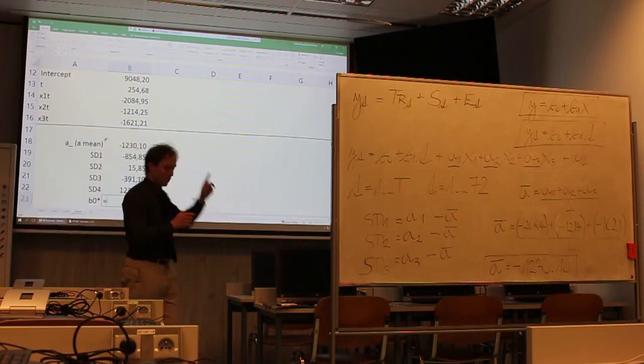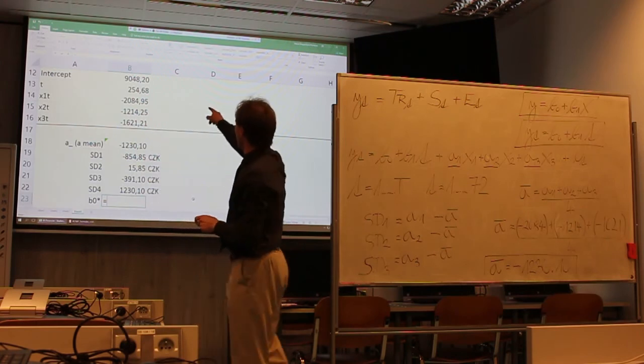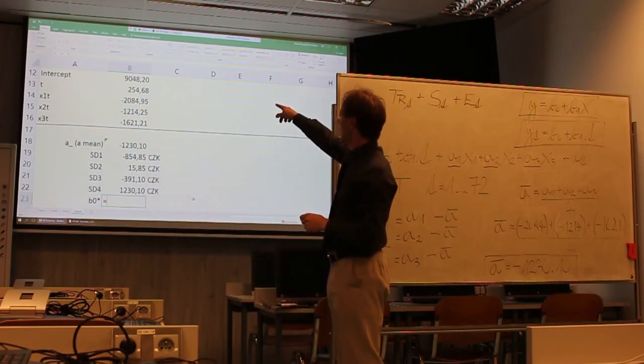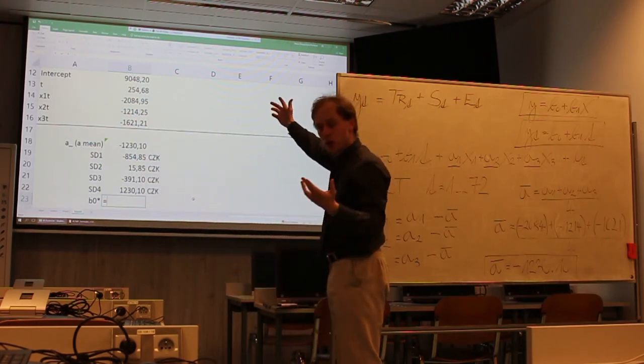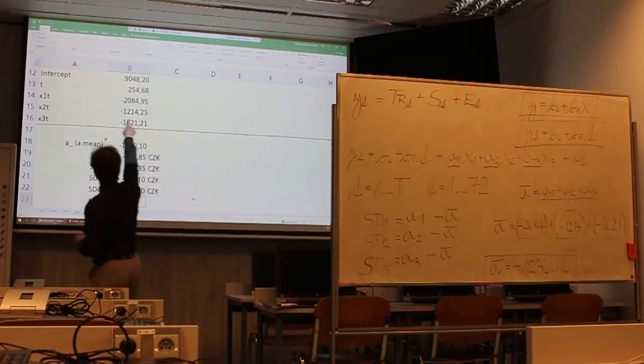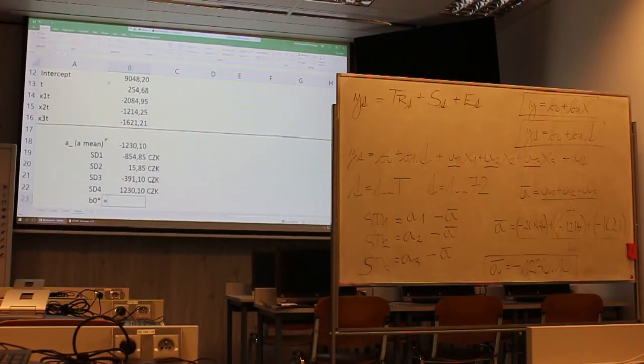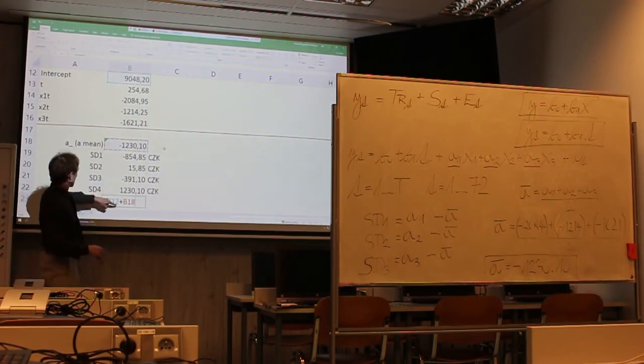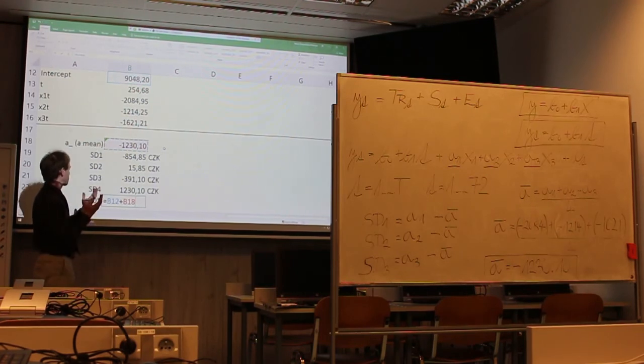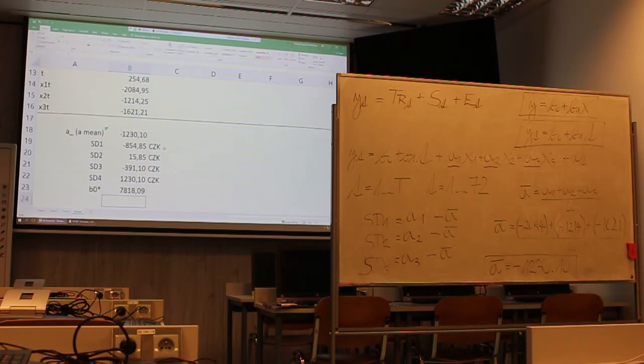B0 is the intercept, 9,048 Czech crowns, plus A mean. Intercept plus A mean will be corrected B0 star.